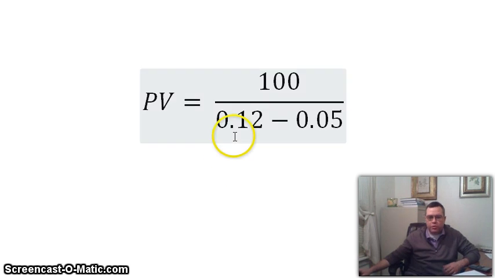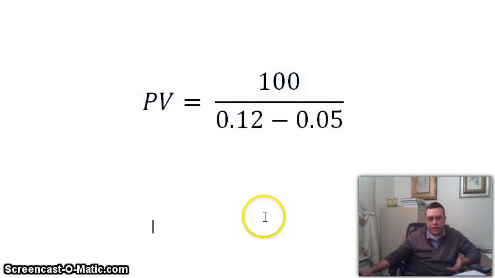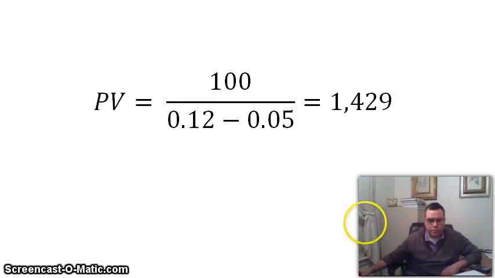So that'll be 0.12, not 12. And this will be 0.05, not 5. So 100 divided by 0.07, when you subtract those two, is $1,429.